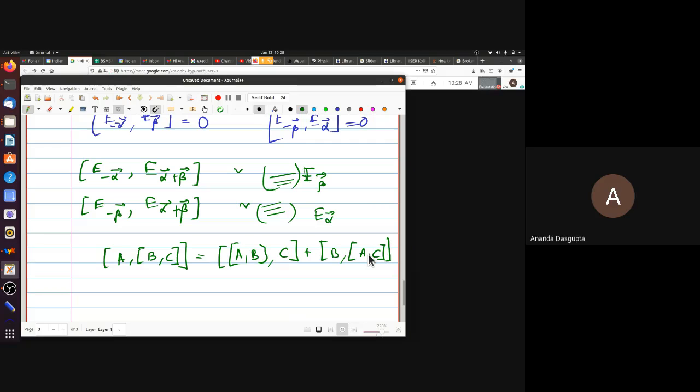This, as you can easily see, is the Jacobi identity, right? I just move two of the terms to the other side. Except that the way I've written this should remind you of something else, which is some other operation that has a property very similar to this.